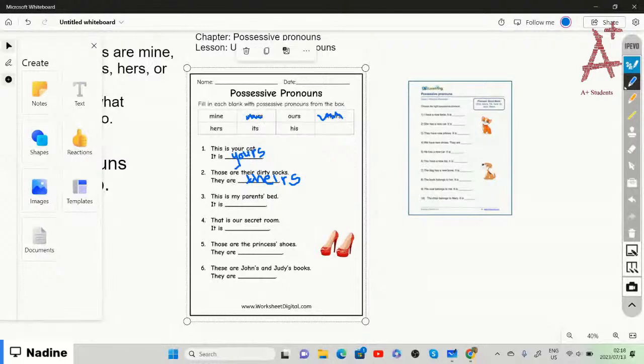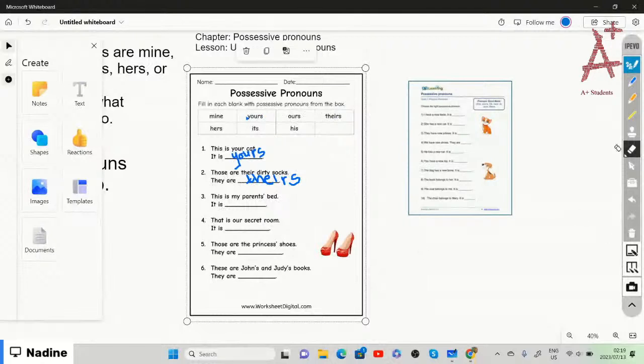This is my parents' bed. So this is my parents' bed, right?